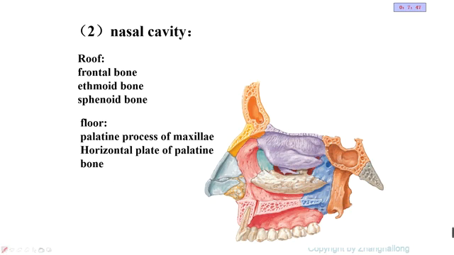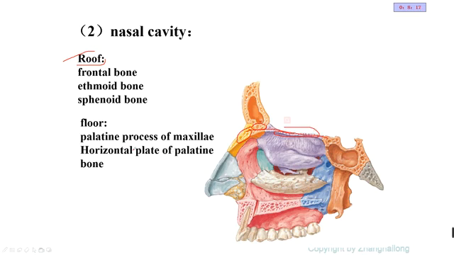First is the roof. Here is the roof, or the top. Now let's see what bones form the roof. What's this? Nasal bone. What's this? Frontal bone. What's this? Horizontal plate of the ethmoid bone. Okay, these structures form the roof.